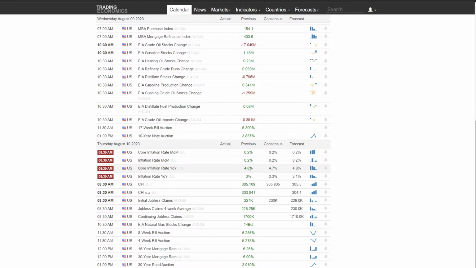Previous is 4.8, right? But then the inflation rate month over month, right? Core inflation, 4.8, previous 4.8. So I did see an uptick. I don't know why I'm not seeing that here.